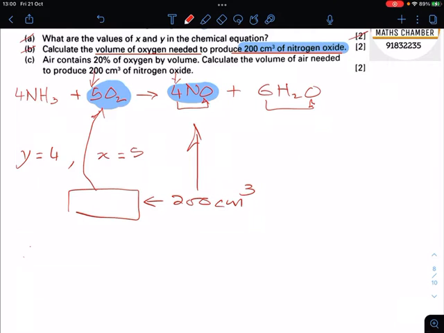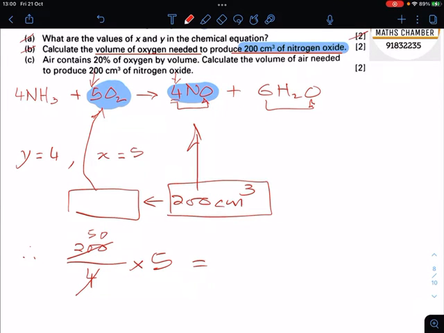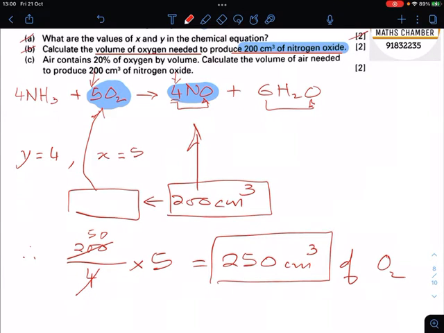In other words, 5 cubic cm of oxygen will produce 4 cubic cm of nitrogen oxide. So for 200 cubic cm of nitrogen oxide, 200 divided by 4 times 5 gives 250 cubic cm of oxygen. 250 cubic cm of oxygen is needed to produce 200 cubic cm of nitrogen oxide.